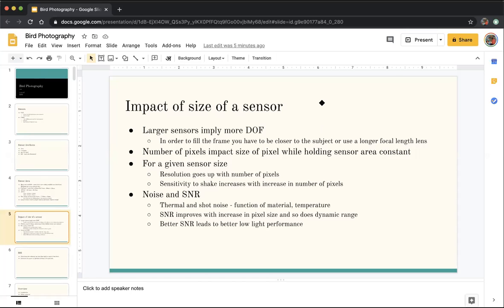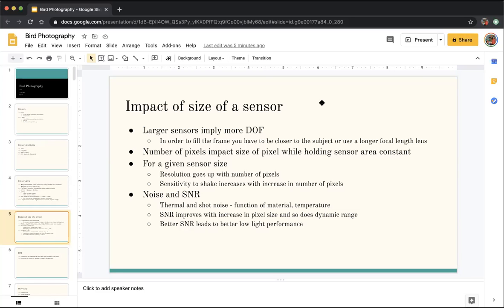Basically, in order to fill the frame, you have to be closer to the subject or use a longer focal length, because your sensor will decide the focal length needed to fit that frame. And so that's how the depth of field gets affected. So you will have to move closer or use a bigger focal length.